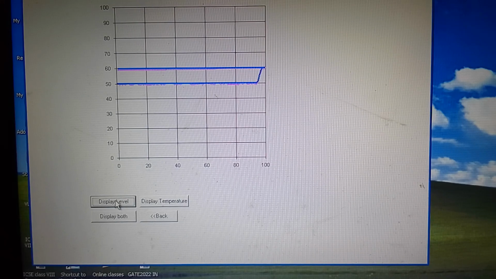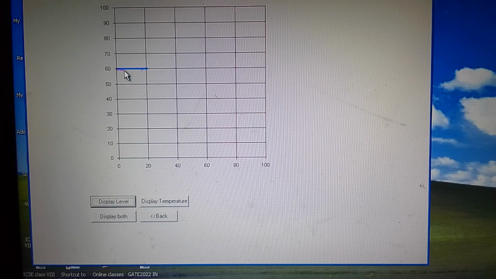If you press it once again, you will get the current value. It has risen from 50 to 60.